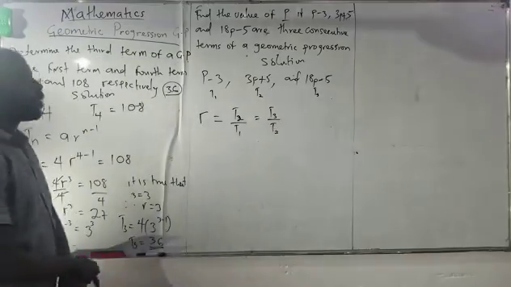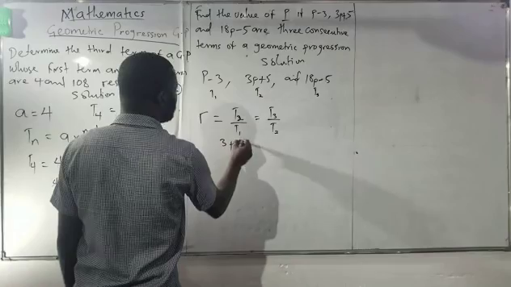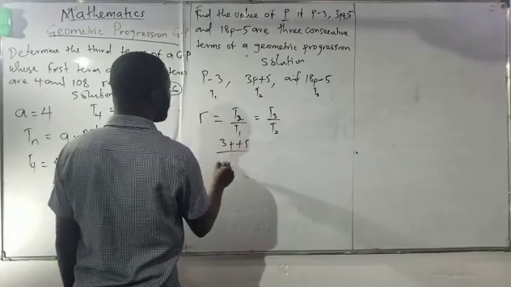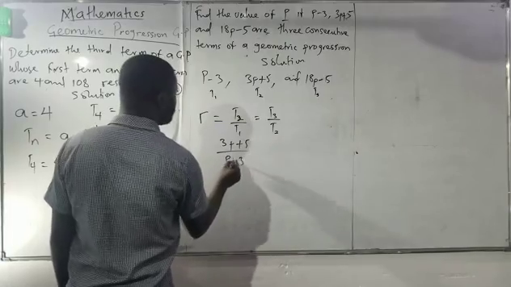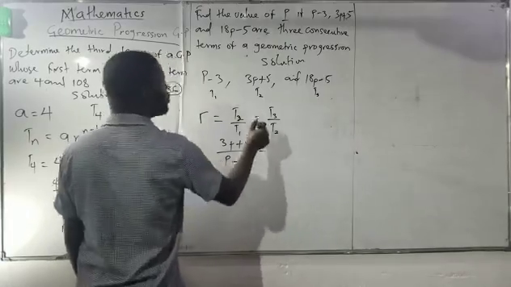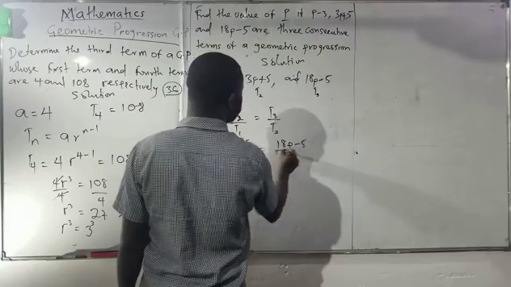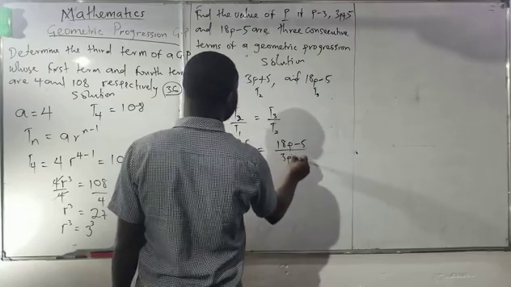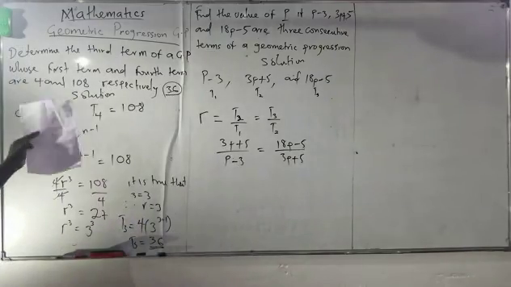What is my T2? I have 3p plus 5 all divided by p minus 3 equals 18p minus 5 divided by 3p plus 5. Now, from here, you generate your answer without stress.